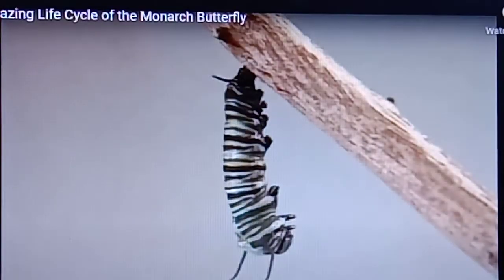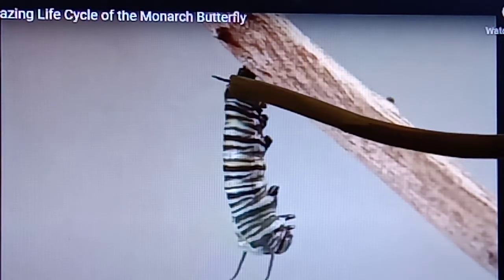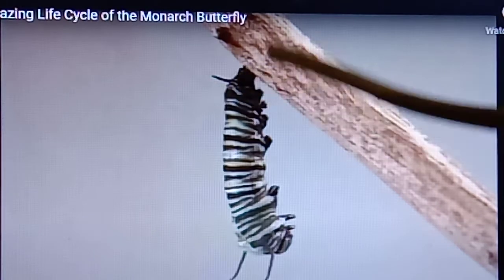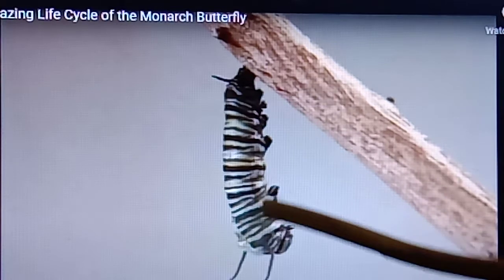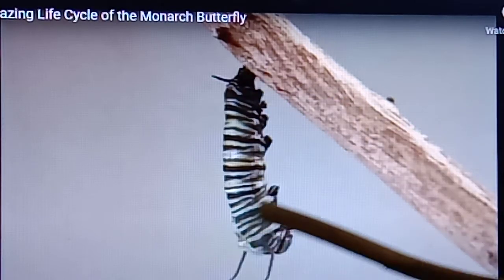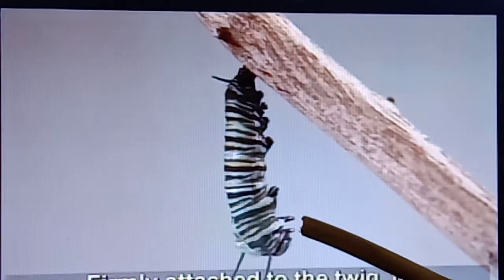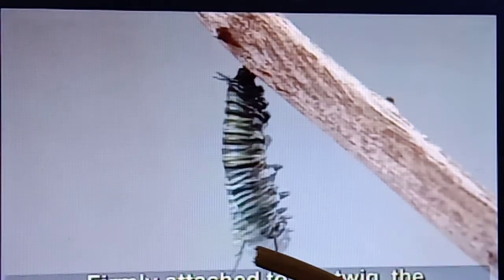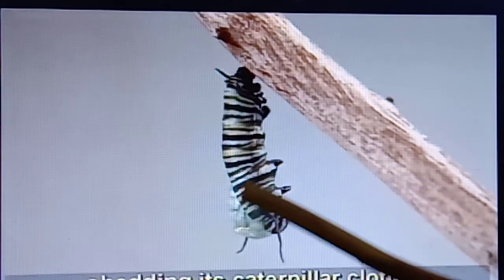So here what happens? It produces a silken thread and sticks to the twig, and it hangs from the twig like this. Now again it begins to produce silken thread around its body.